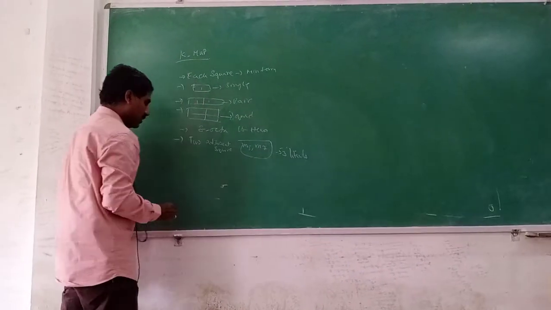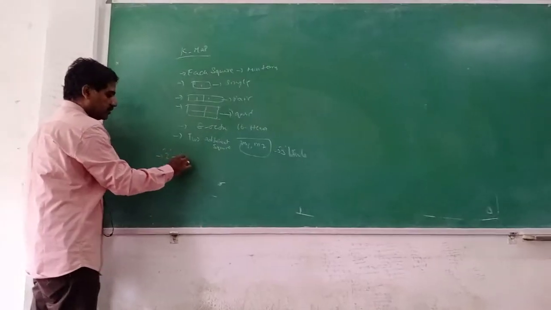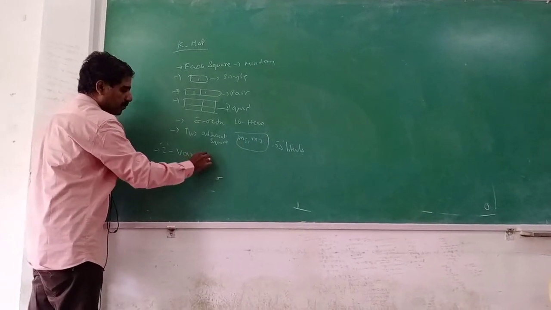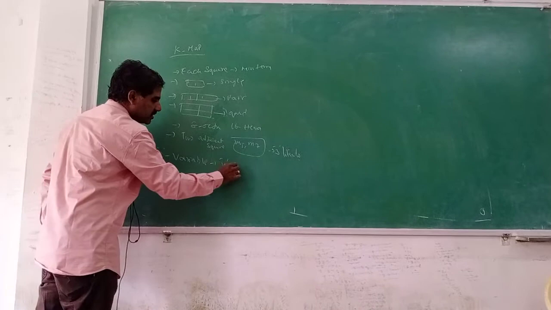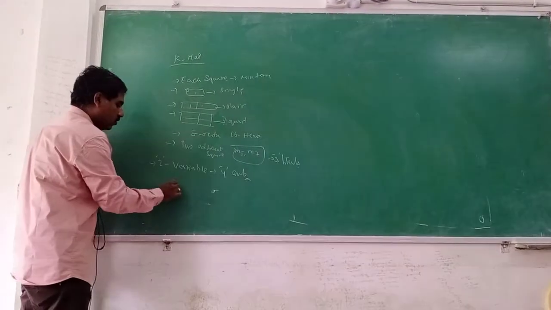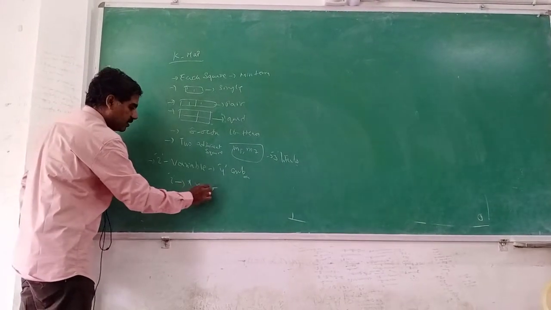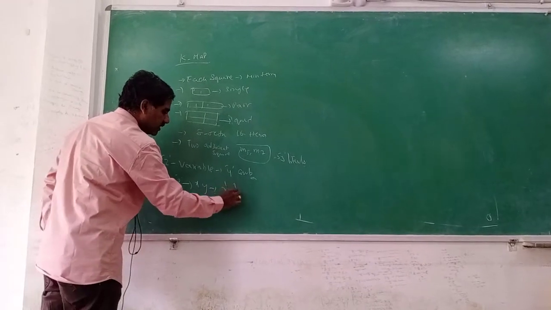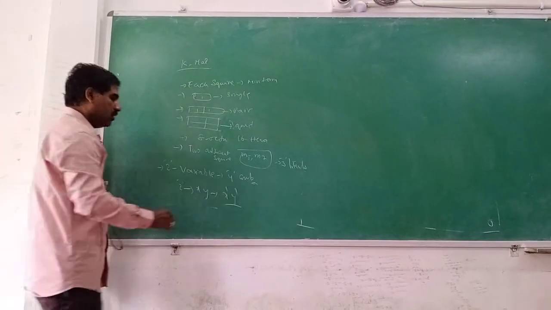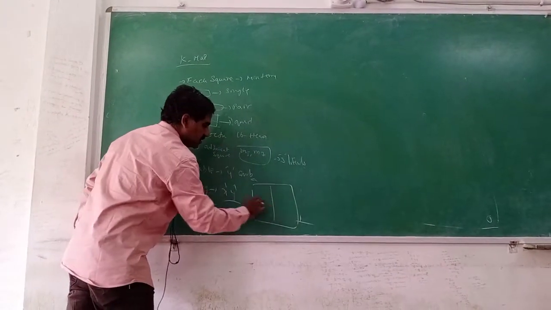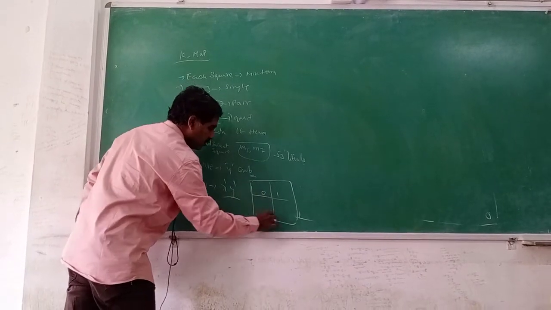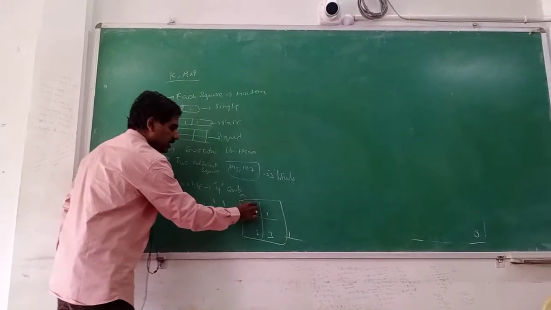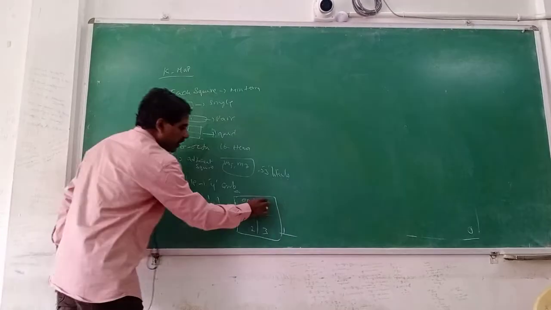Okay, the 2 variable K-map method has 4 combinations. Two means 2 literals, X and Y, and you simply complement them: X prime, Y prime. We have 4 combinations, 0 1 2 3. 0 means in binary 0 0, 1 means 0 1, 2 means 1 0, 3 means 1 1.